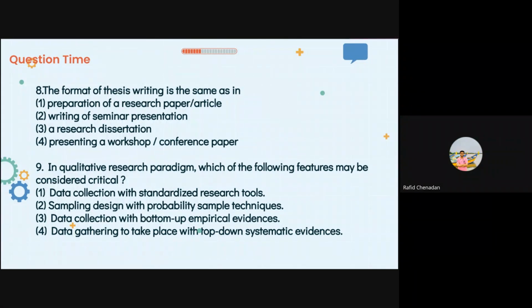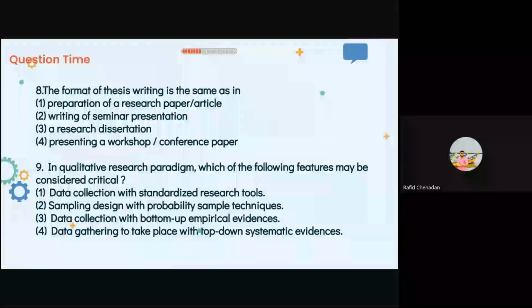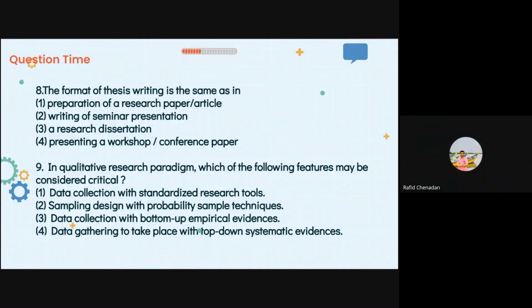For example, you cannot very well do a qualitative analysis without data collection. You can conduct interviews. You don't have to collect larger data. You can interview 2-3 people and write a case study and make a research. So you don't need that fully there. And then sampling design with sample techniques.